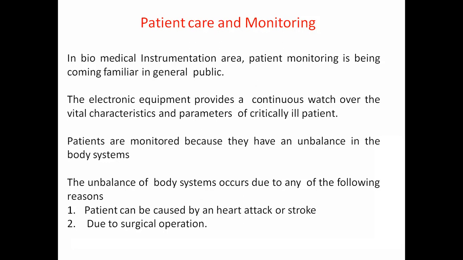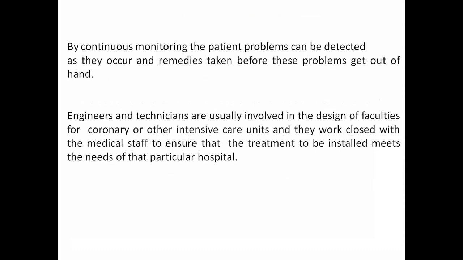If any surgeries are done for the patient, in that situation also there is unbalance in the body. It means the functionality of the organs will change. To bring that functionality of the organs into the correct way, we have to monitor.